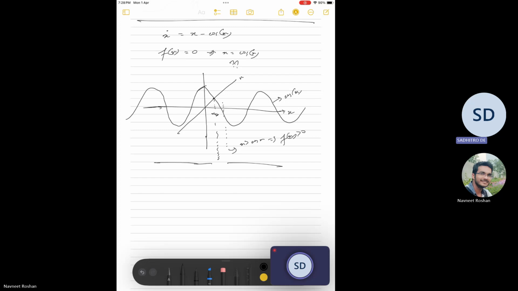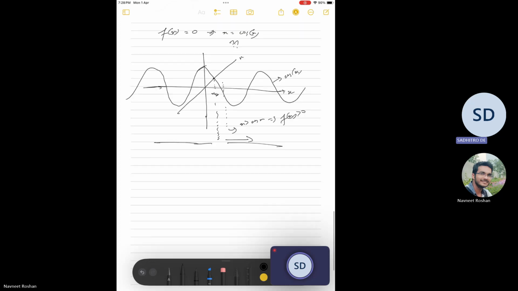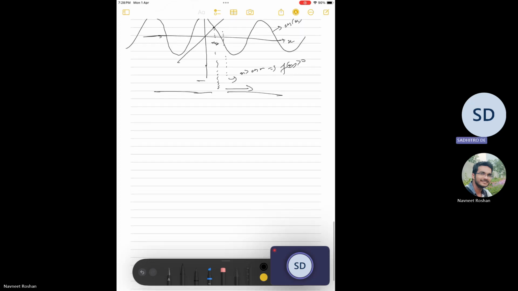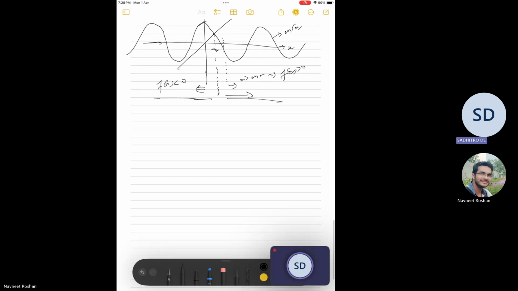So the flow here is away in this direction, and on the other side here we have f of x negative because x is less than cos x, so the flow is in the left. So the fixed point here is an unstable fixed point. Okay.